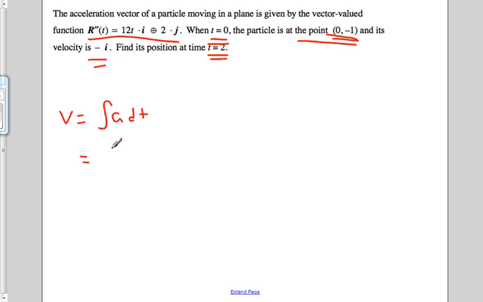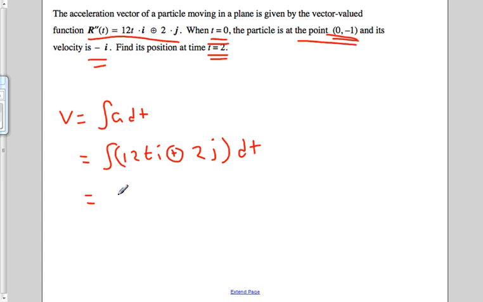So it's going to be the integral of 12t i plus 2j dt. And when we integrate this, we're going to integrate each vector value independently.